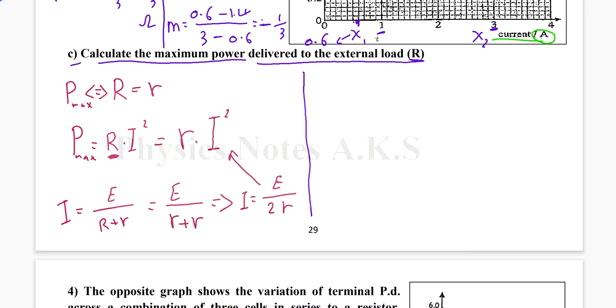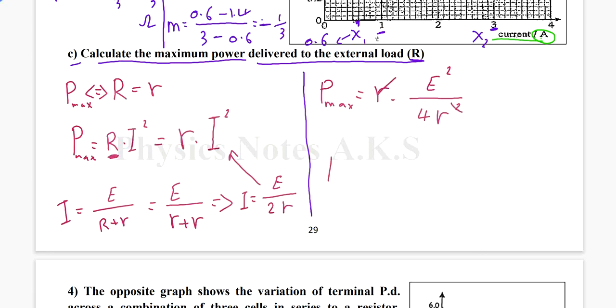Let's go. I can say that P max, the maximum power, is going to be internal resistance multiplied by E squared over 2r squared, which is 4r squared, because the square applies to the 2 and the r. Now I cancel this r with the square.